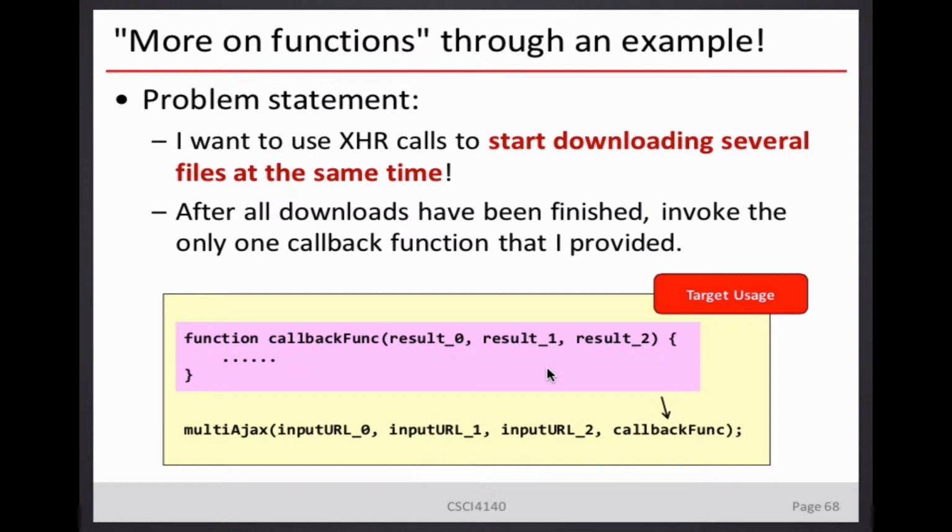I write a function body that contains variable length, and I want to invoke a call where I don't know how long the parameter list is. Now imagine what language that you have seen before is capable of doing so.